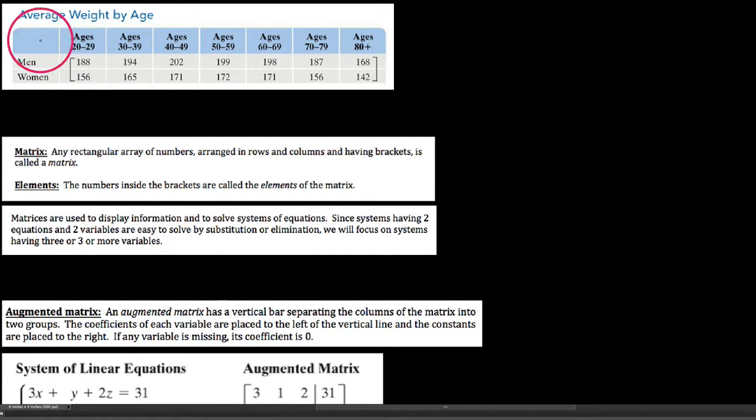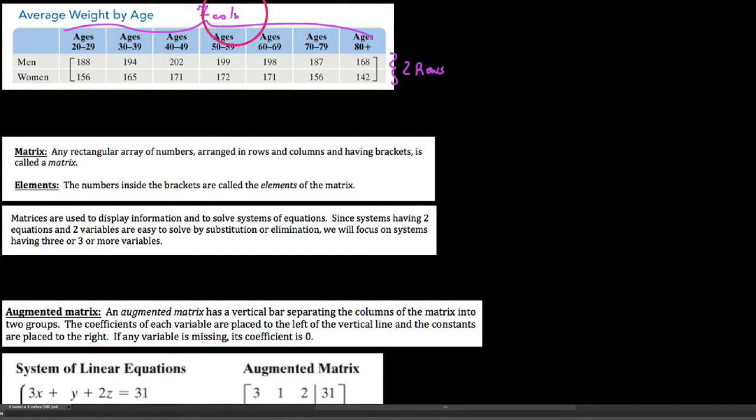When we talk about what a matrix is in math, consider this chart up here. It says the average weight by age, and you can see the different age groups and the difference between men and women, in this nice organized table. One thing we want to comment on is that it has two rows, and we have 1, 2, 3, 4, 5, 6, 7 columns.